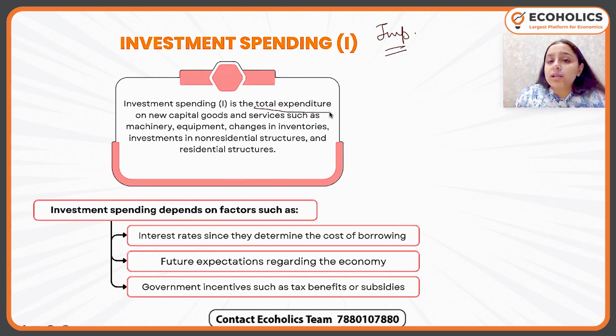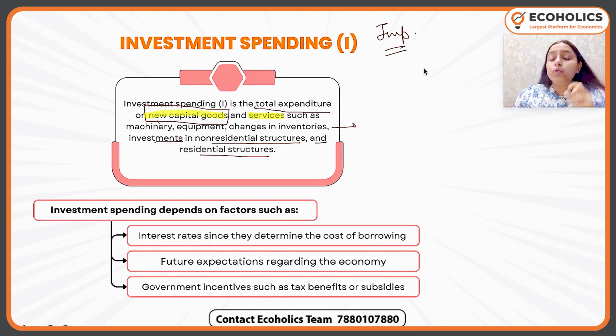Investment is the total expenditure on new capital goods. The focus is new capital goods and services, such as buying machinery, equipment, or a change in inventories. What do we mean by change in inventories? That means closing stock minus opening stock, plus investment in non-residential structures as well as residential structures.